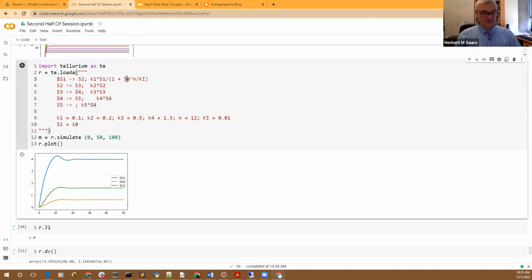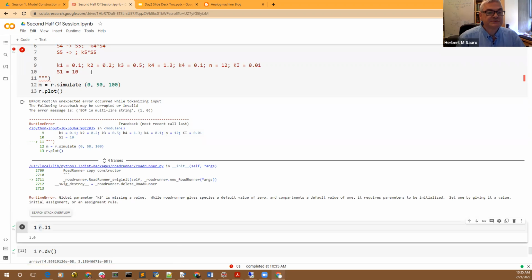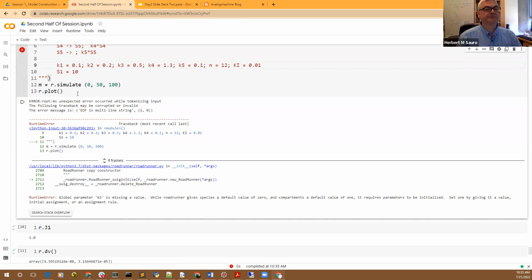Now this is K5, and now I've got K4, and your last step should be K5 times S5. Correct. Let's see if this does it. Oops, K5 is missing a value. There you go.